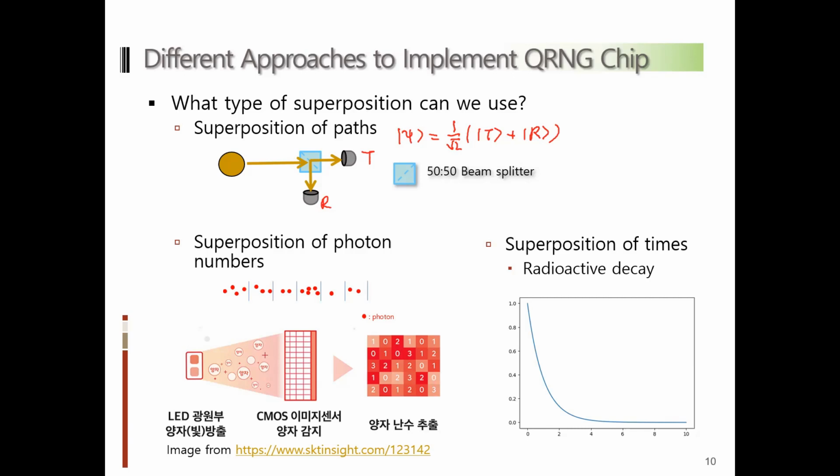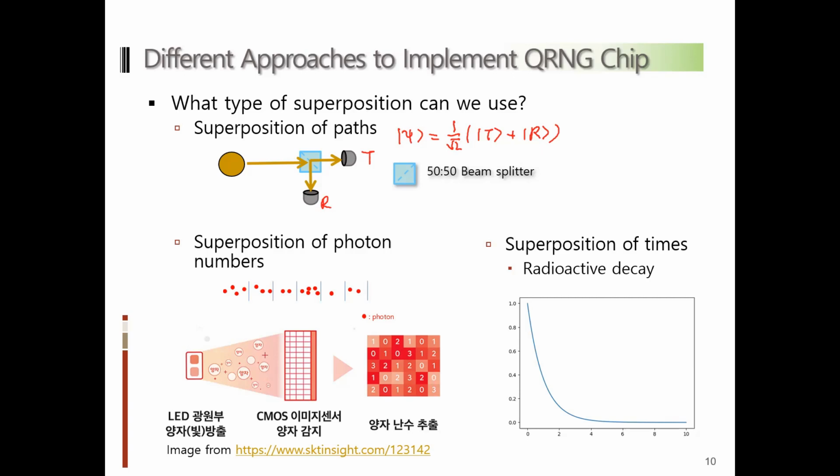So let's assume that we attenuated the output of the LED and shine it on this kind of image sensor, and the image sensor will have a lot of two-dimensional pixels.